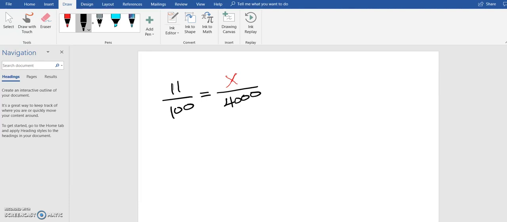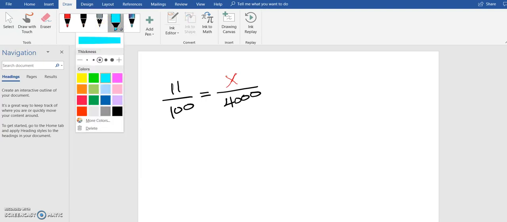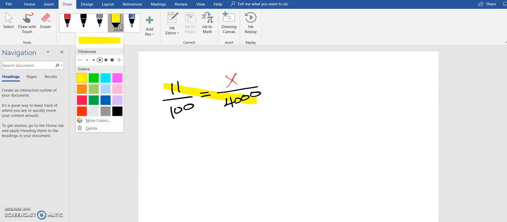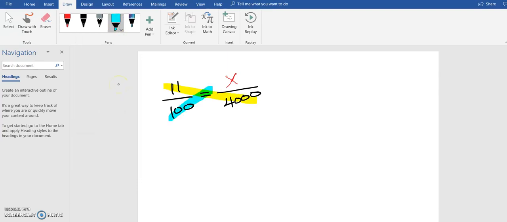So, again, you can use your calculator, but what we want to do is cross multiply. So 11 times 4,000, and then we're going to cross multiply 100 times x. So 100 times x, well, that's not bad. That's just 100x is equal to then 4,000 times 11.